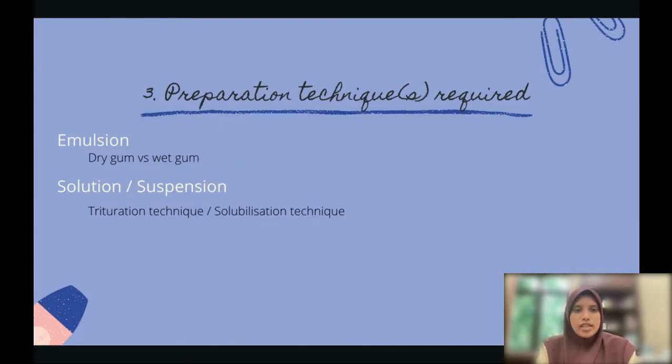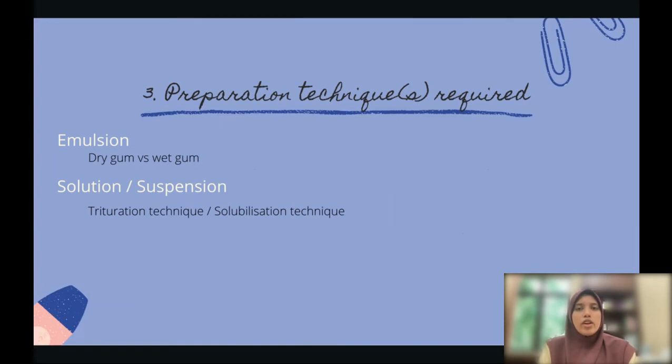Preparation techniques required. It depends on what you are going to prepare. If, let's say, you want to prepare an emulsion, you have two techniques, dry gum and wet gum. So in general, wet gum is more suitable to prepare a product based on oil that is considered as oleoresin.